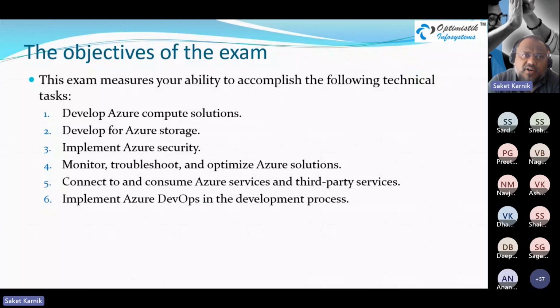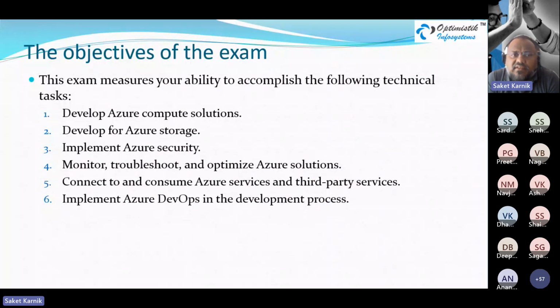Let's understand the exam objectives. Definitely the objectives are around the categories that we saw, which are going to be measured for the different skills, right? So this is a summary of what we saw earlier.